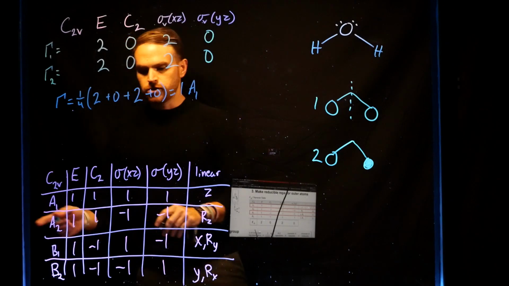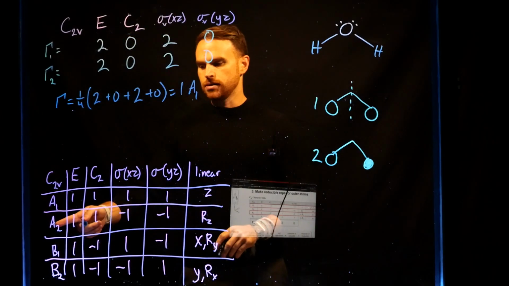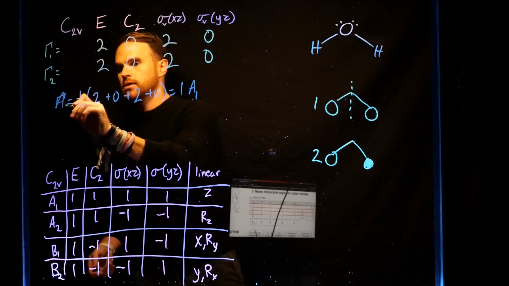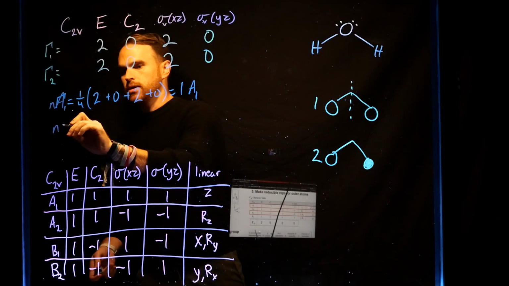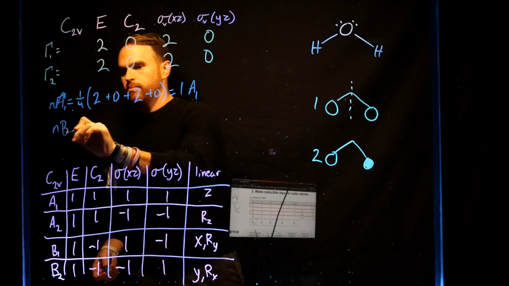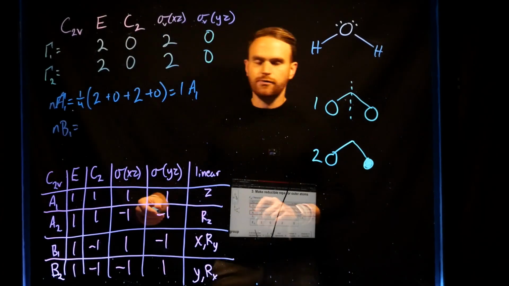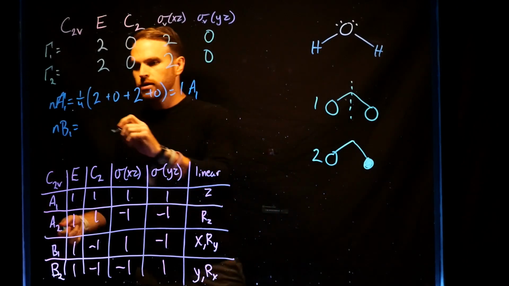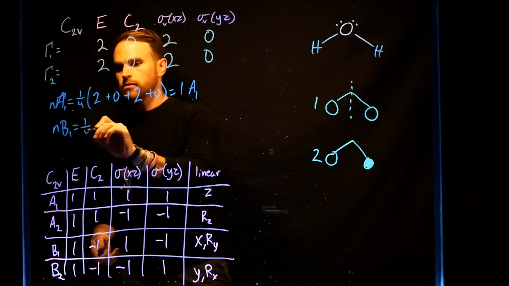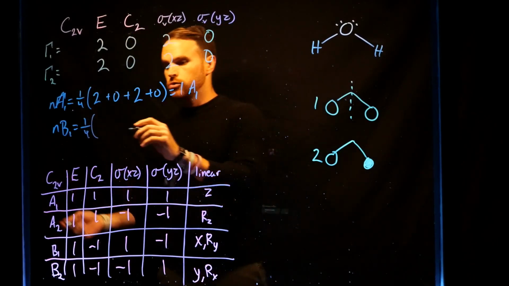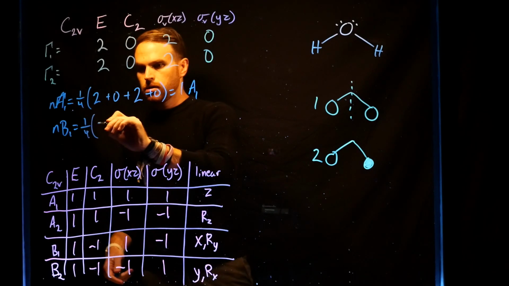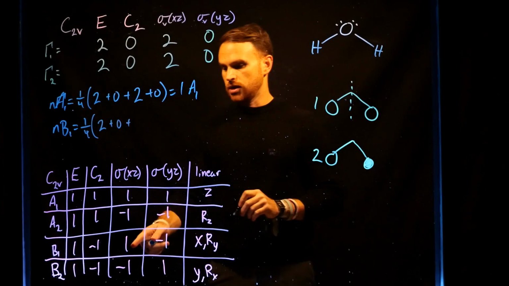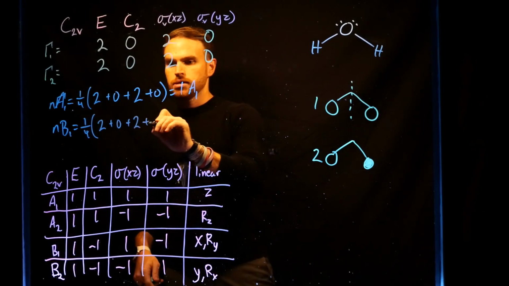And now if we were to do this for all the other ones, we would see that there is no A2. If you did it for A2, I promise you that it equals 0. And then let's do it for B1, because I know that that one is also present here. 1 times 2 times 1 plus 0 plus 1 times 2 times 1 plus 0.